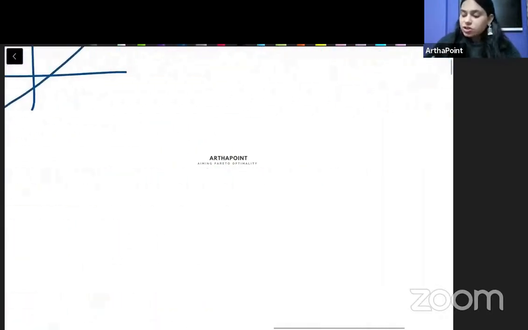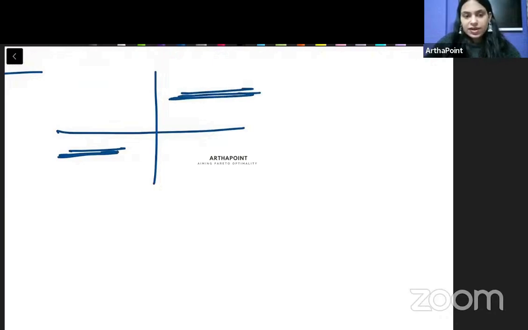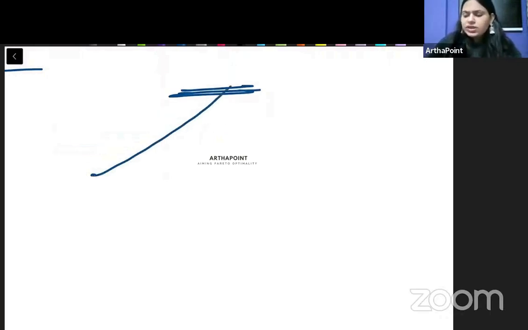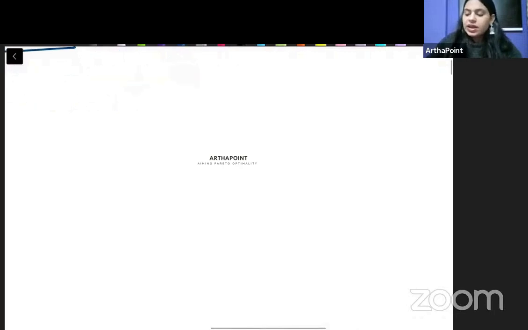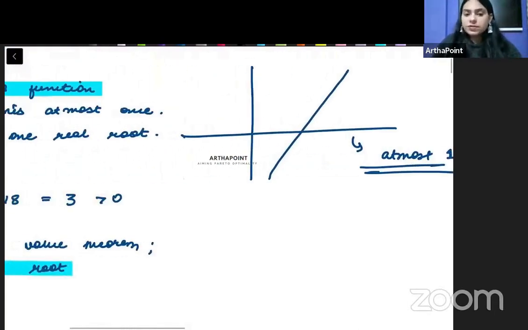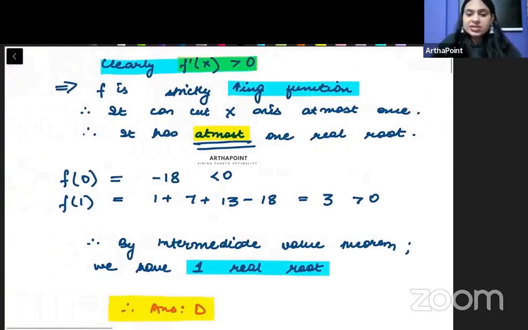Because if the function takes some negative values and then the function takes some positive values, then we can be sure that definitely it is cutting the x-axis. So I need to evaluate the function a bit and check whether this function is taking sometimes negative value and sometimes positive value. And this is exactly what I am doing in this case.